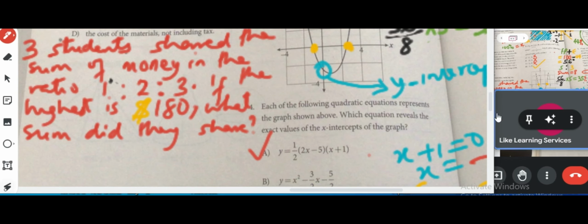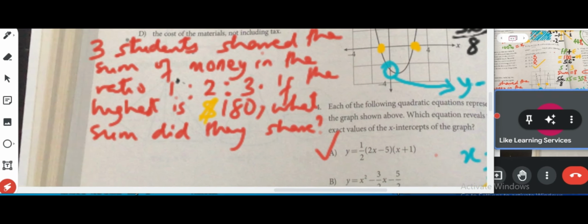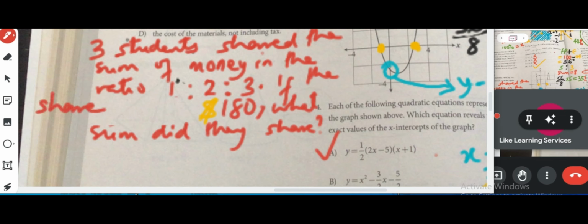So the highest share is 180, yeah. So what sum did they share? Do you know what to do? No. Okay, sorry, I wrote highest share.